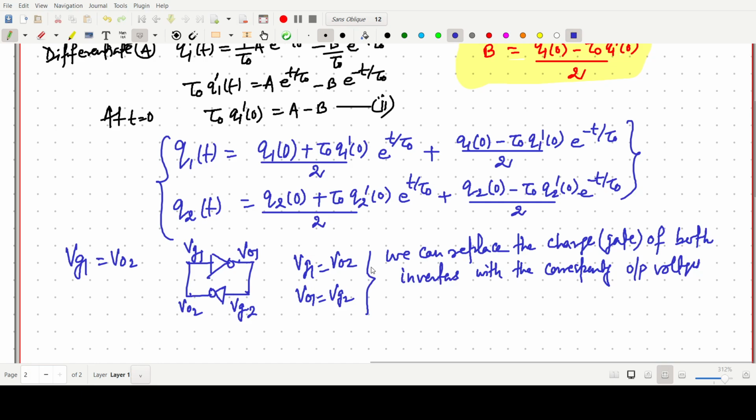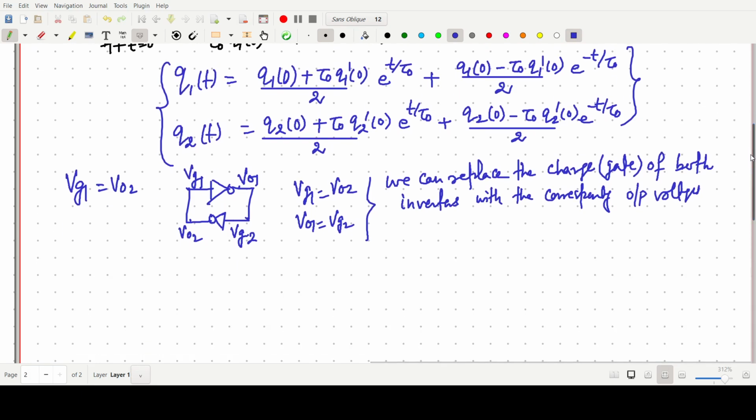Okay, so for VG1 we have to write it for Q1: V naught 2 and V naught 1. So simply, because we know Q equals to CV, Q is proportional to voltage, having the same proportionality, unity. We are just not considering the capacitance.